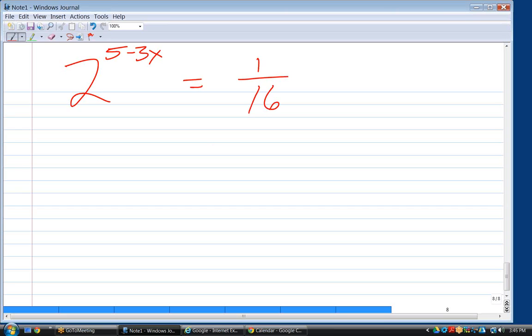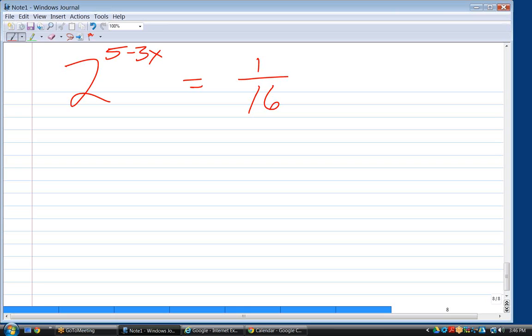Typically, when you have an exponential equation like this, in other words, this is not an algebraic equation, we don't normally have techniques for solving this unless we want to use logarithms. And it's a problem where the variable is in the exponent that normally requires logarithms.